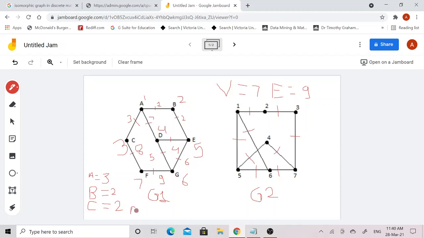Here I will write the degree of vertex for the node D. So there are three edges connected to this node D, 1, 2 and 3. So here I will write that the degree of vertex for node D is 3.